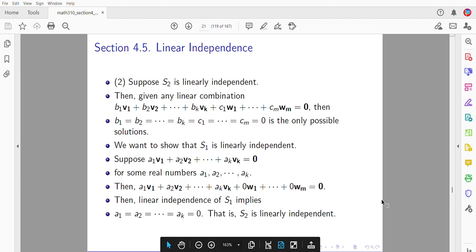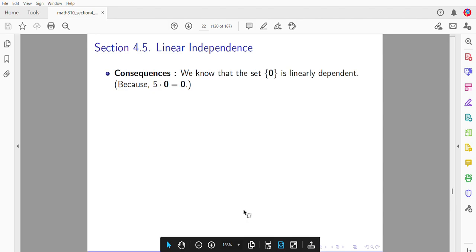Okay, this should be S1 here. Smaller set is S1. Here is an important consequence. We know that a set containing the 0 vector is linearly dependent. Why? Take any non-zero number as a scalar multiplied to the 0 vector. Any scalar multiplied to the 0 vector is the 0 vector.